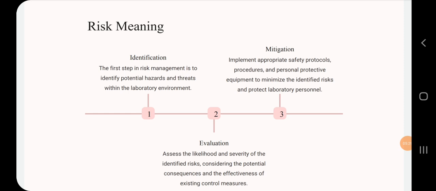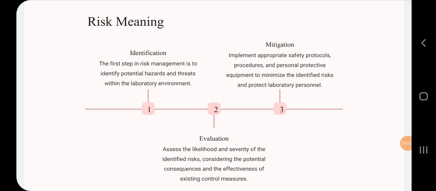Risk meaning. Identification. The first step in risk management is to identify potential hazards and threats within the laboratory environment. Mitigation.